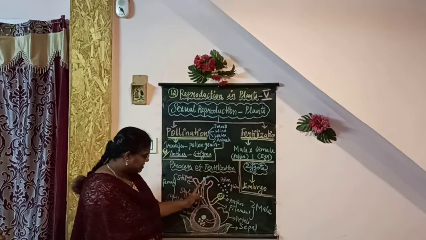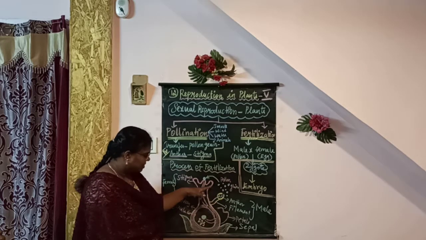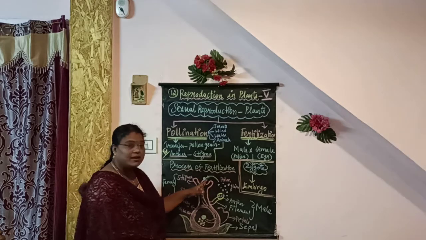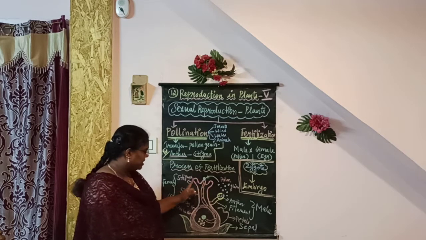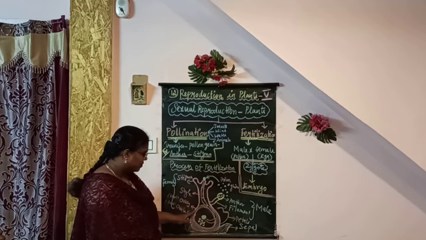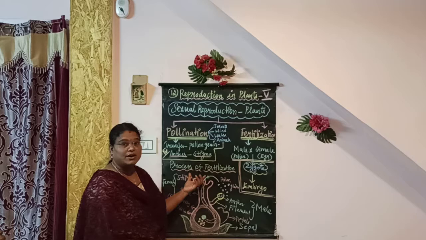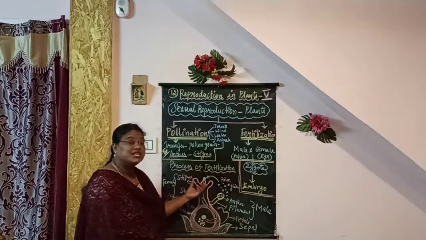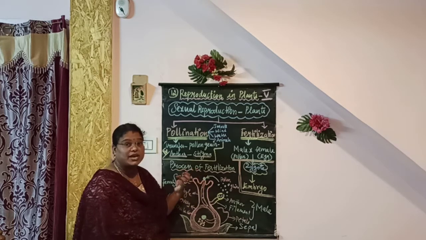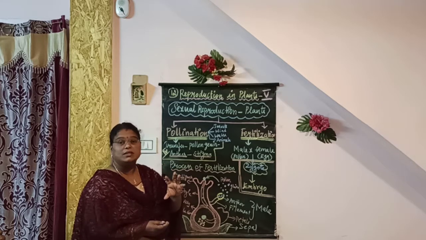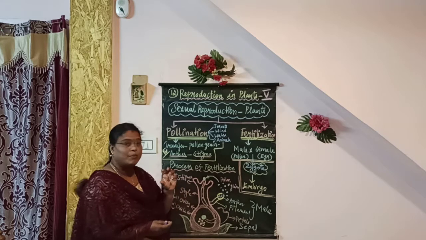And see, this structure is called pistil, that is carpel, which is a female reproductive part which contains stigma, style and ovary. Stigma is the topmost part of the female reproductive part, which is sticky in nature, which helps in attracting the landing pollen grain.